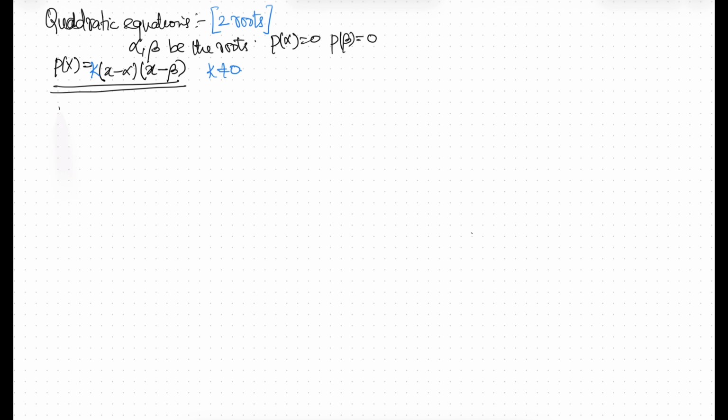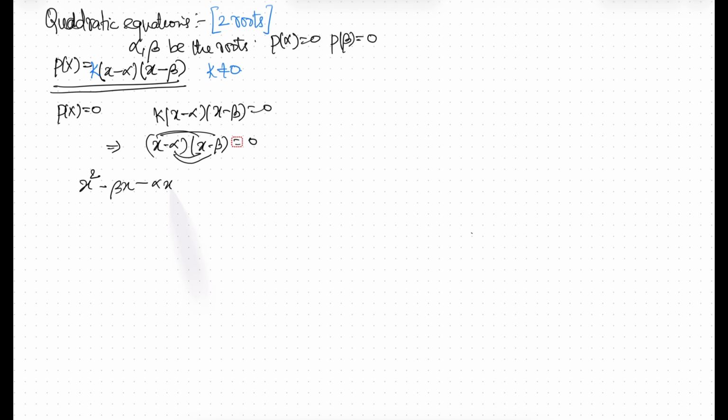To make it an equation, I can write p of x is equal to 0. So k into x minus alpha into x minus beta is equal to 0. And if I start to multiply, x square minus beta x minus alpha x, minus into minus plus alpha beta is equal to 0.